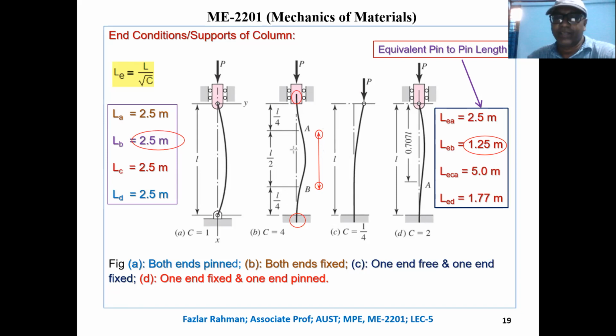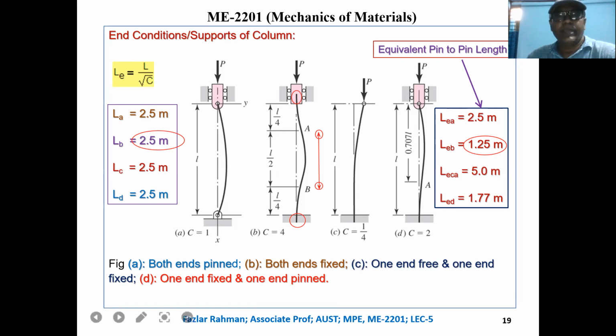So if you have this kind of column, then you obviously think of its equivalent length. That means the conversion length will be half of this length. Thus you put L equal to L by root over C, and you put C equal to 4. That means we need to take these lengths to carry the same load for different end conditions.